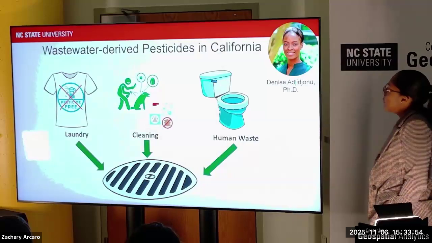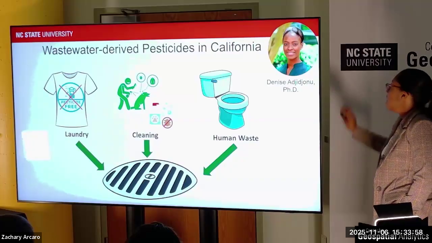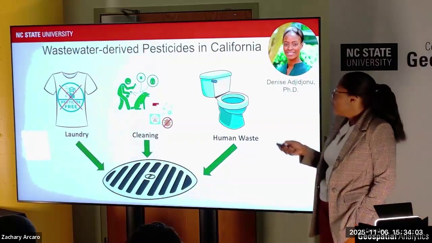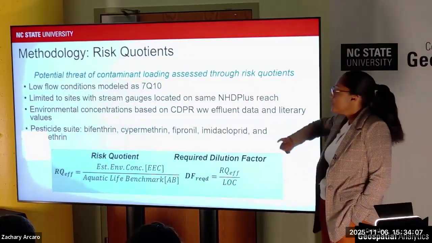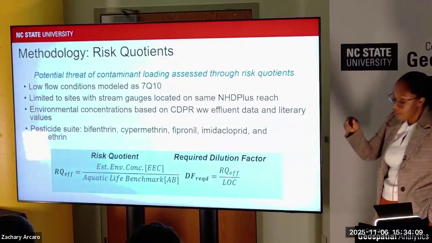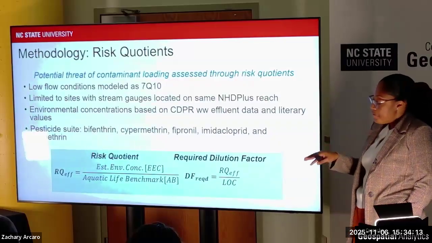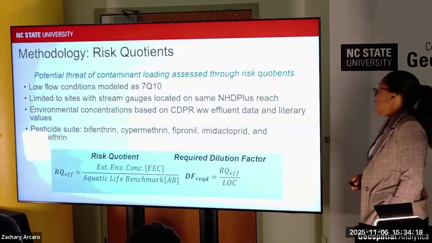This work was funded by the California Department of Pesticide Regulation, and it was performed by Dr. Denise Ajajonu, who worked with me at UNC Charlotte. We're utilizing the same approach of looking directly at wastewater treatment plant effluent locations, so that localized aquatic communities.